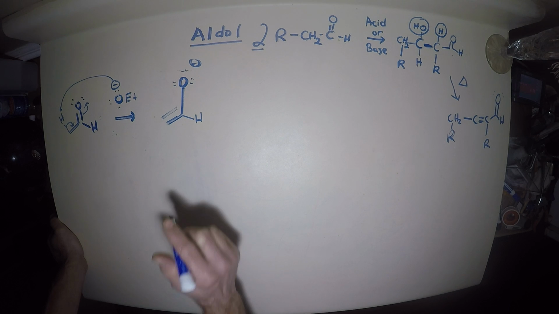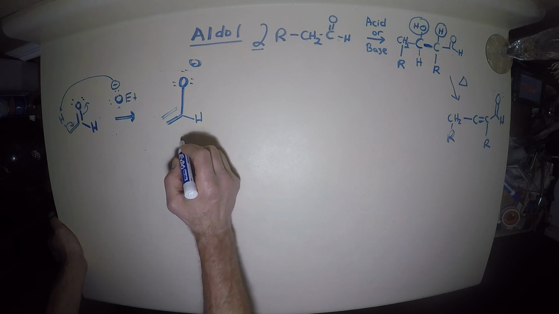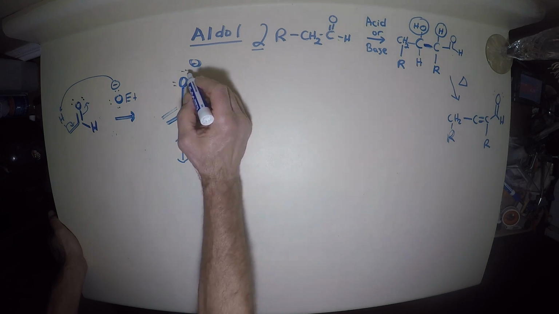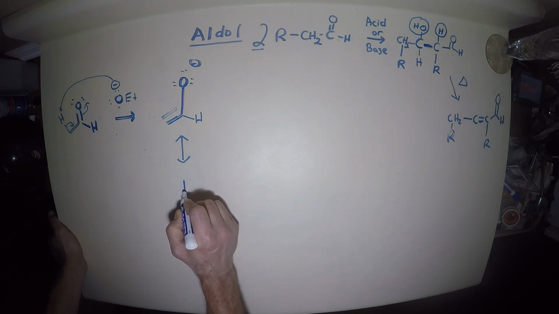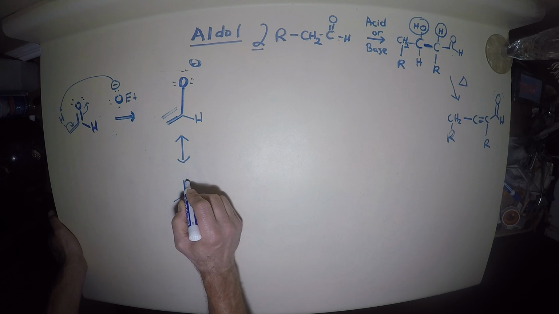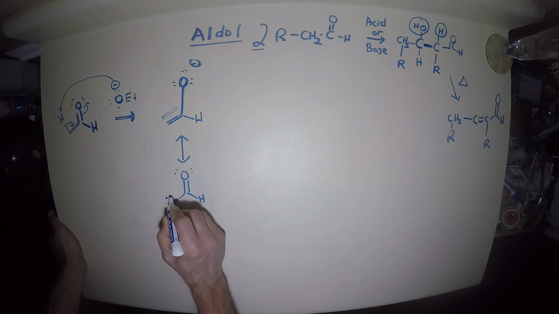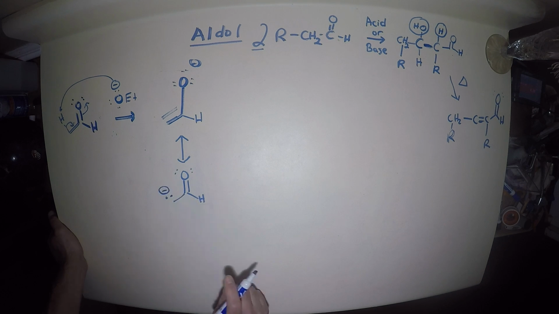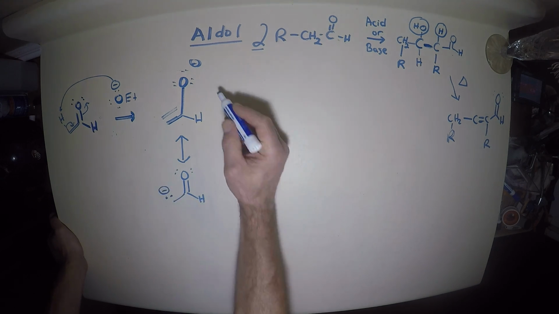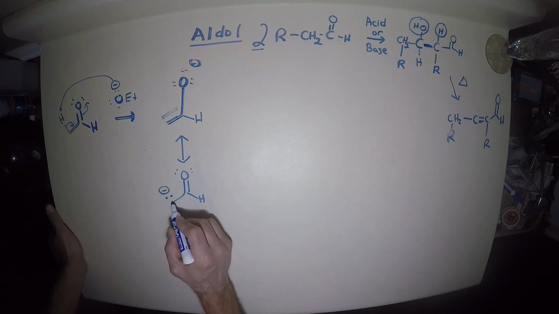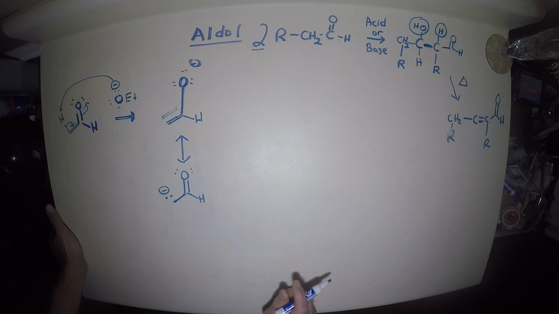And recall that this enolate has two resonance contributors, one that shows the negative charge on the oxygen of what was the carbonyl, and the other which shows the negative charge on the carbon, which is alpha to the carbonyl again.